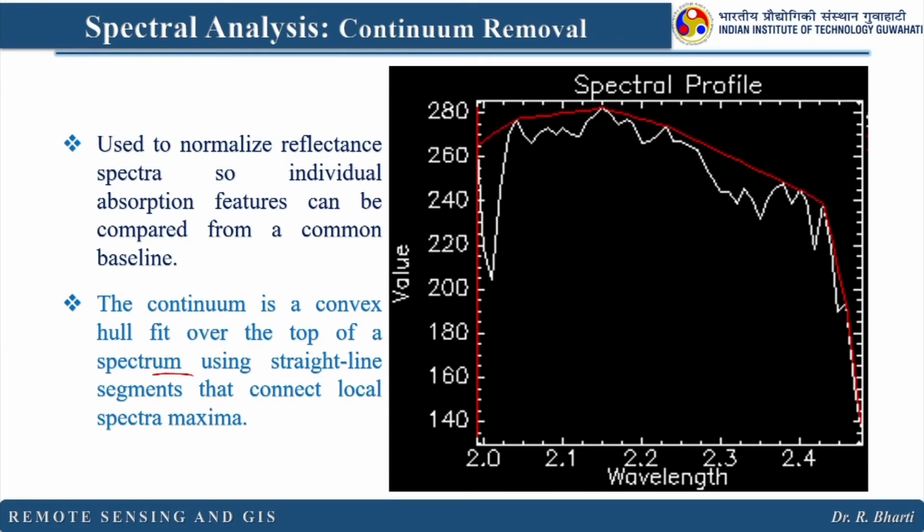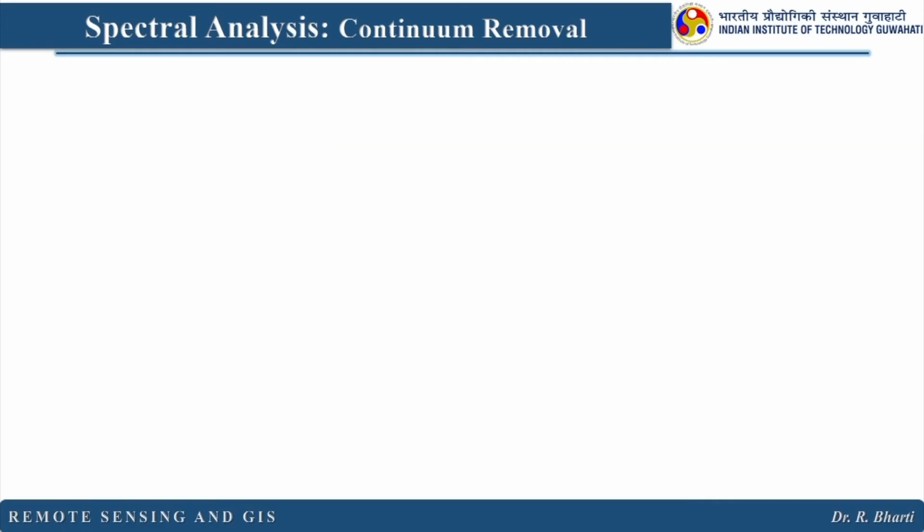To understand this continuum removal, just imagine you have a rubber band and you are going to fix that rubber band at all the peaks. You will stitch all these peaks with this rubber band. What will happen when you stretch your rubber band is that everything will come to a common baseline.